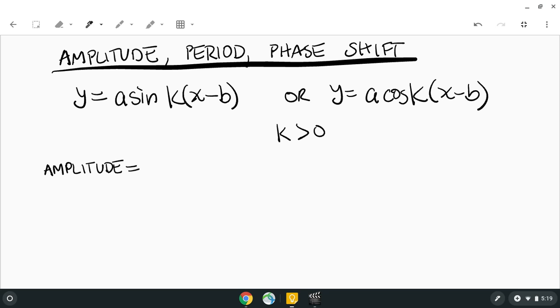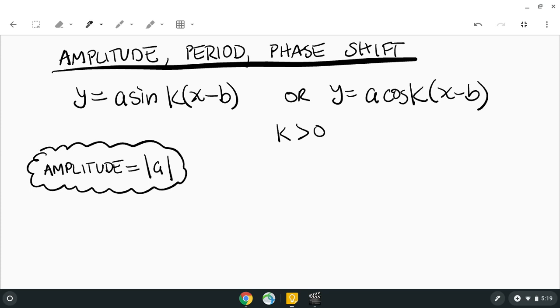Or if you have the cosine, y equals a cosine of k times x minus b. And of course, in both of these cases, k is greater than 0. Then these three things, amplitude, period, phase shift, can be determined by some of these variables here.